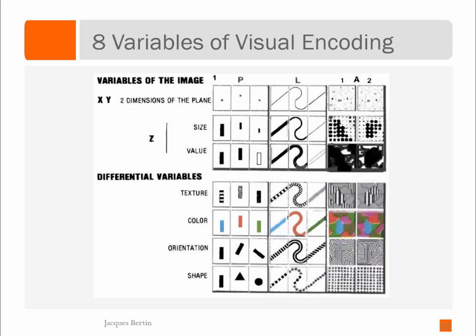Now, coming back to this discussion on what is the strongest variable for visual encoding, we would start right at the top. So some of the genius of Bertin that's represented here is not just in the variables, but also in their strength or power.